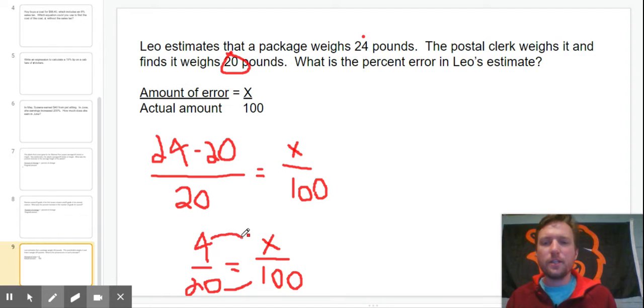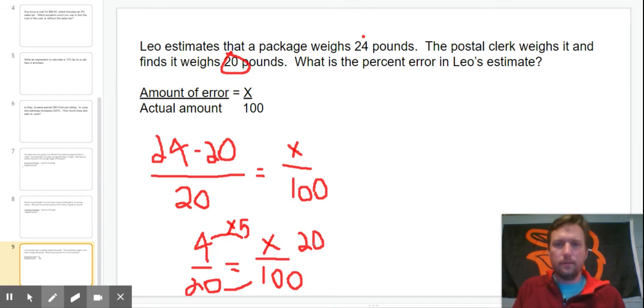So if I multiply this 4 by 5, the same thing to my numerator, 5 times 4 gives me 20. So x equals 20. There's a 20% error. He thought it was 24, it ends up being 20, so there's a 20% error in this problem.